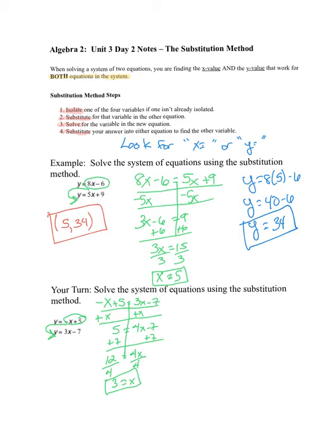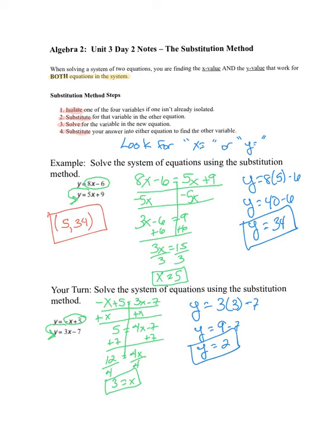All right. Replacing. I'm going to go for the easy one. y equals 3 times 3 minus 7. y equals 9 minus 7. y equals 2. Now, how do you know if you're right? You can find out if you're right by substituting, by putting those numbers in an equation and seeing if it makes sense.